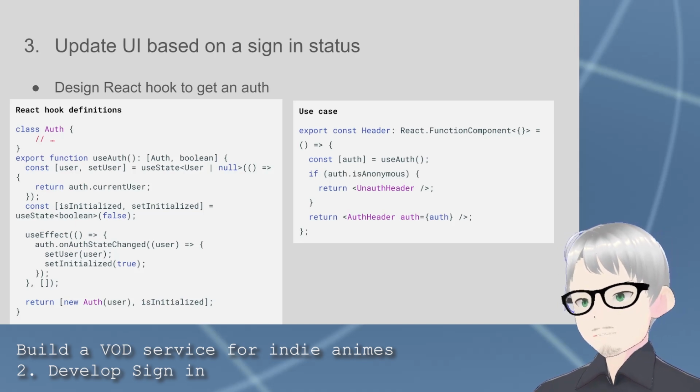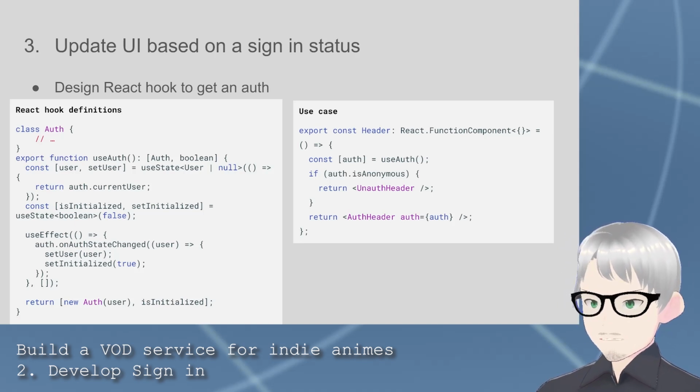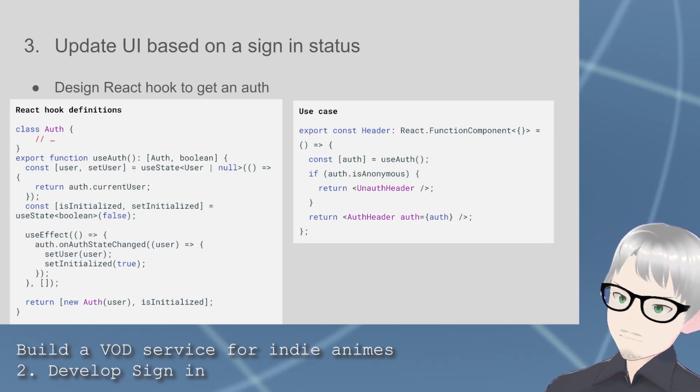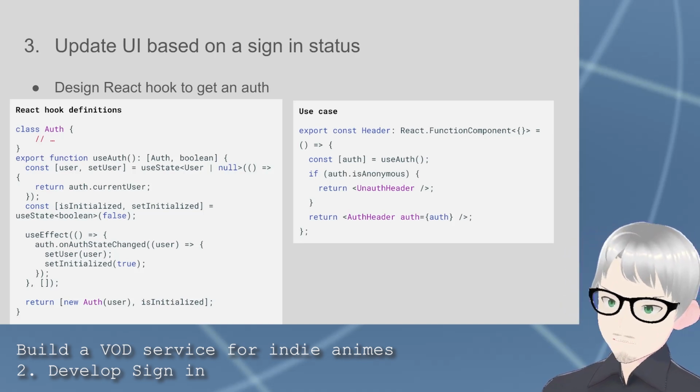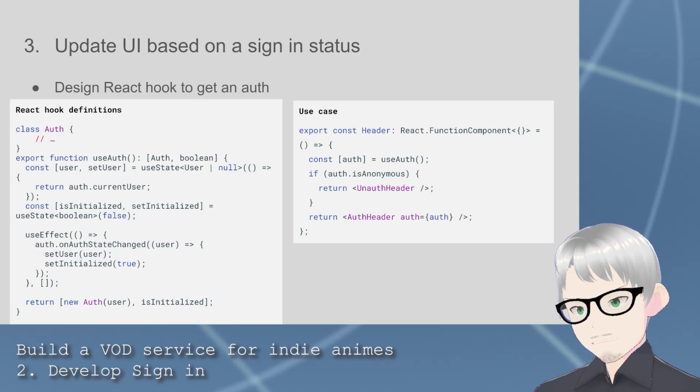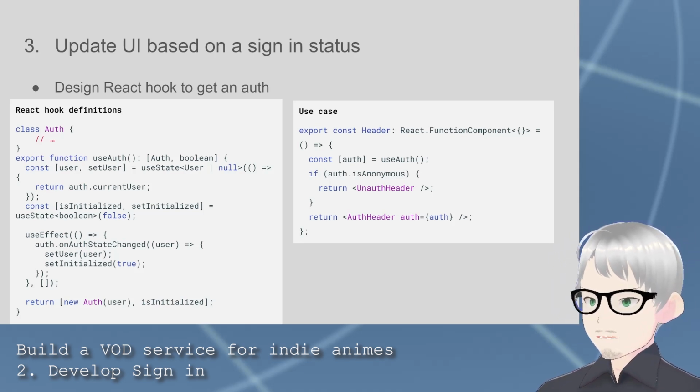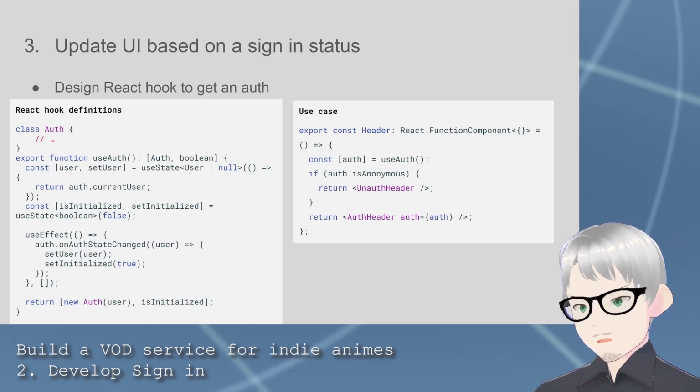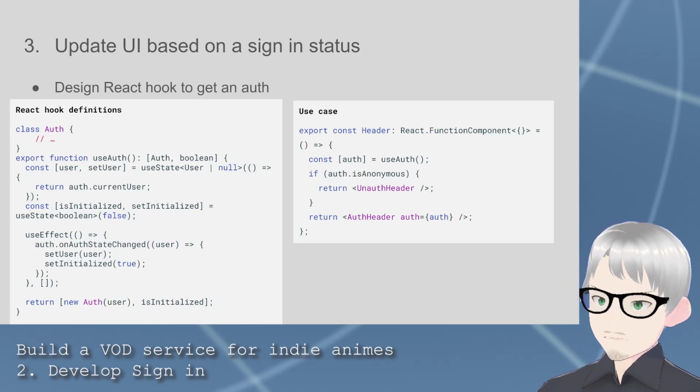And then for a React component like the header, I call this React hook. If the user is not logged in yet, then show the header for an unauthorized user. And if the user is signed in, then show a header for the authenticated user.